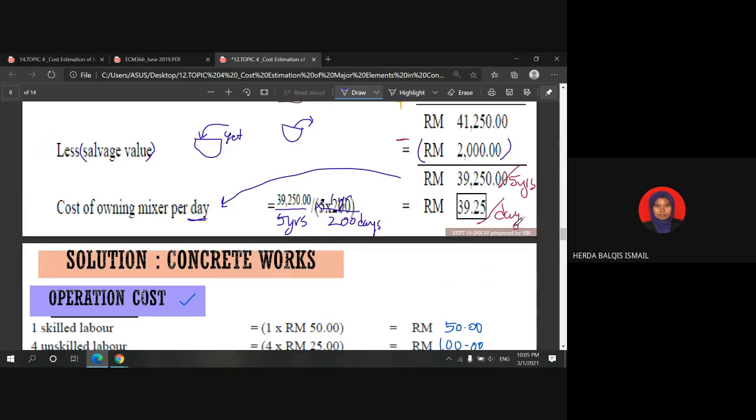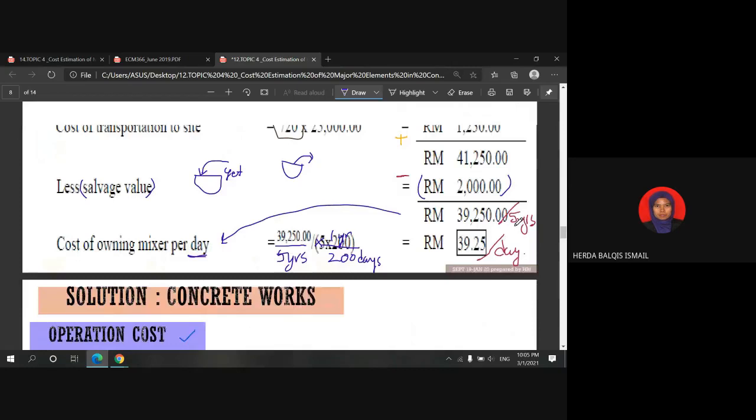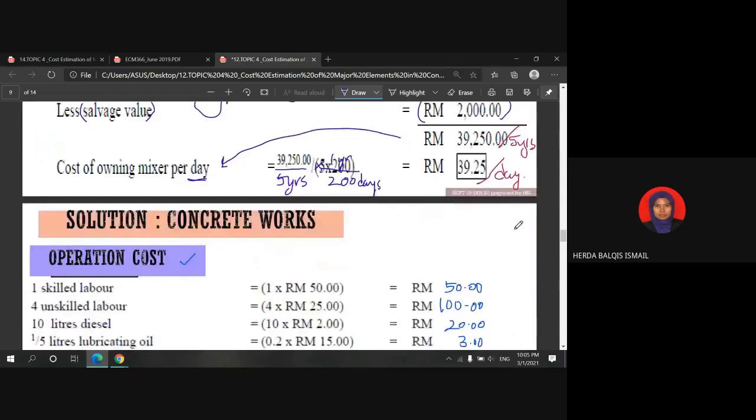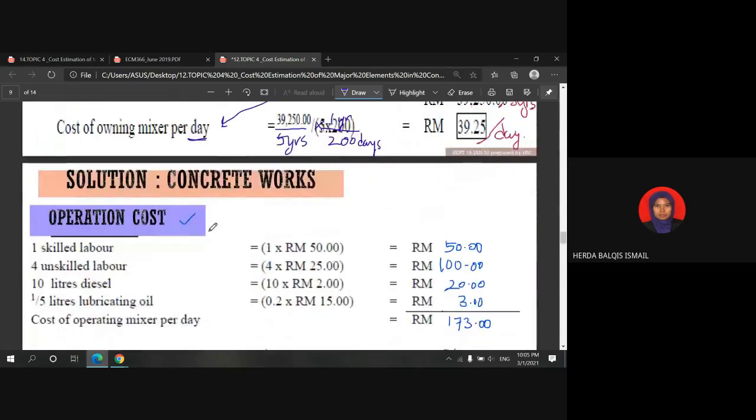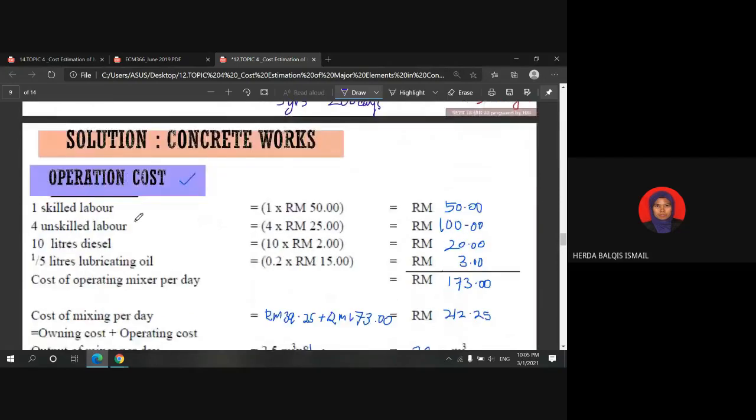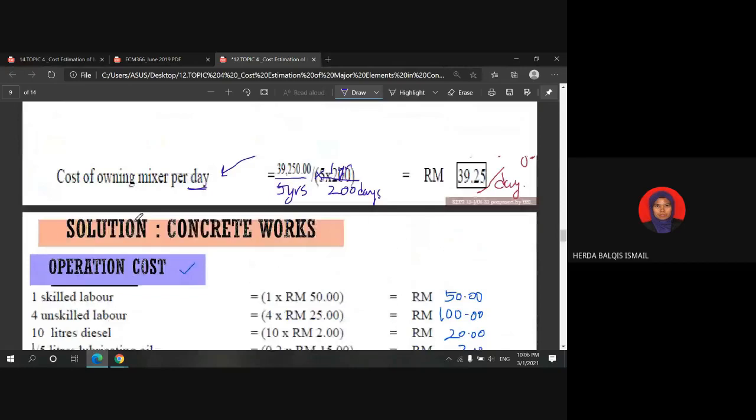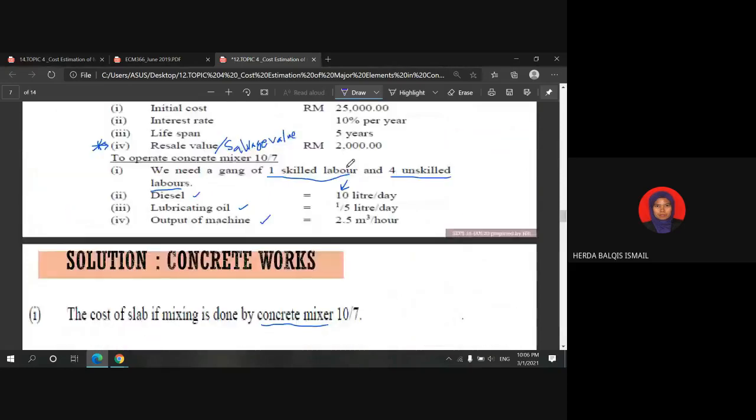Alright, so moving to the operating costs. As stated in the question, a gang of 1 skilled labor and 4 unskilled labor is required.